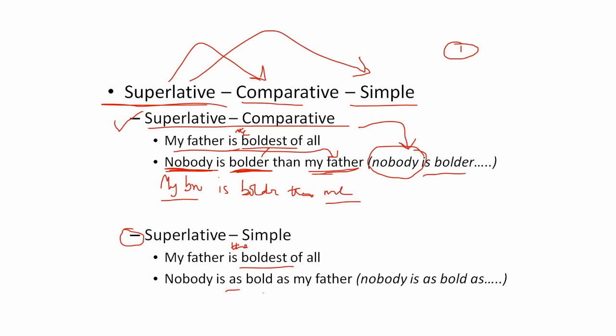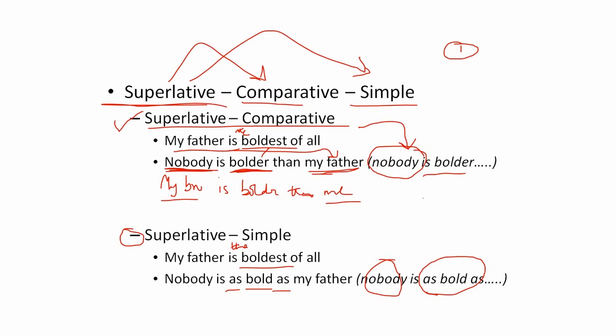Nobody is as bold as. That's the keyword: as bold as. So when we say superlative, it's very simple. In comparative and simple, there is nobody who can match. So nobody is bolder than my father, or nobody is as bold as my father. That's it.